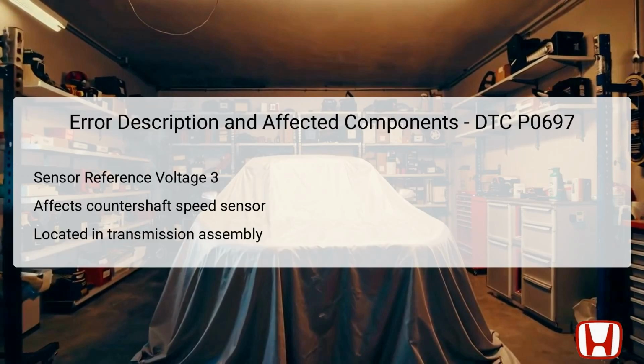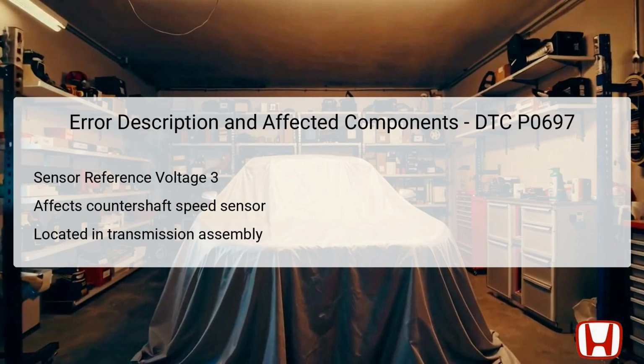The error described by DTC P0697 pertains specifically to the sensor reference voltage 3 circuit malfunction. This circuit primarily affects the countershaft speed sensor, which plays a critical role in monitoring the speed of the transmission's countershaft. This sensor is strategically positioned within the vehicle's transmission assembly and provides essential data to the transmission control module, TCM.